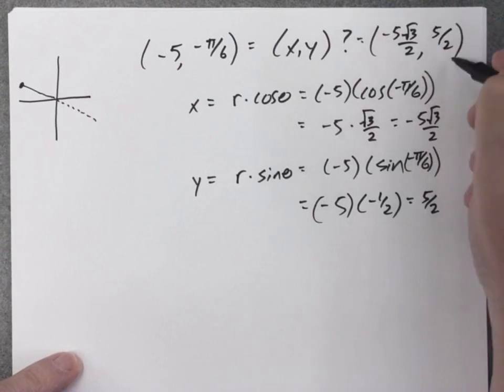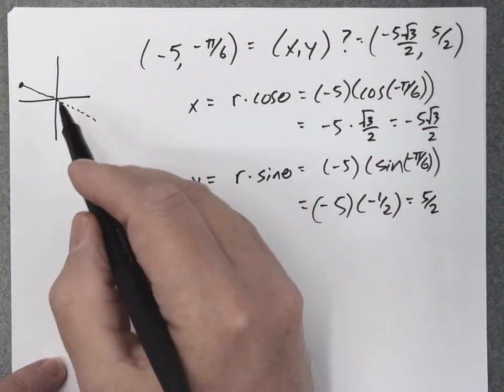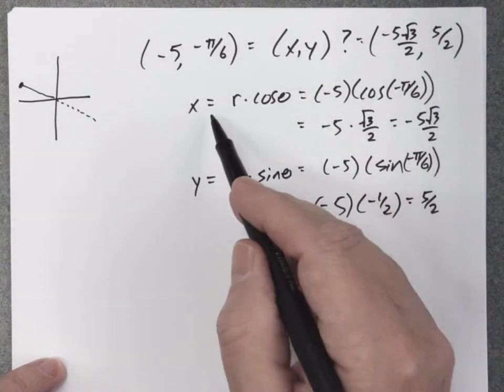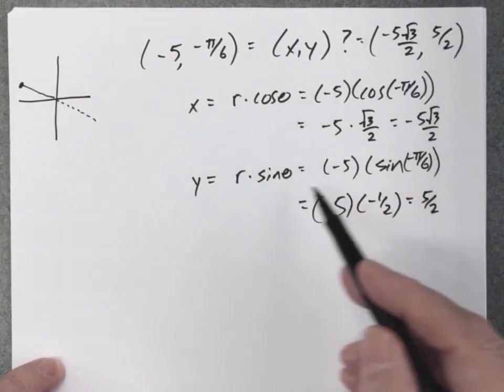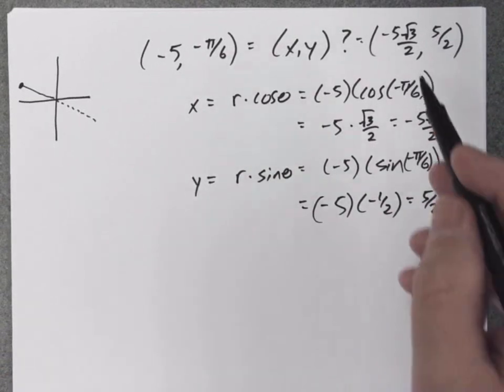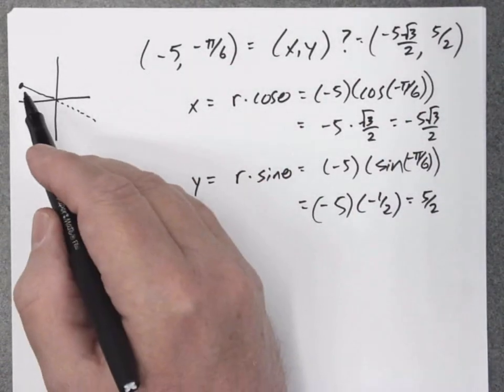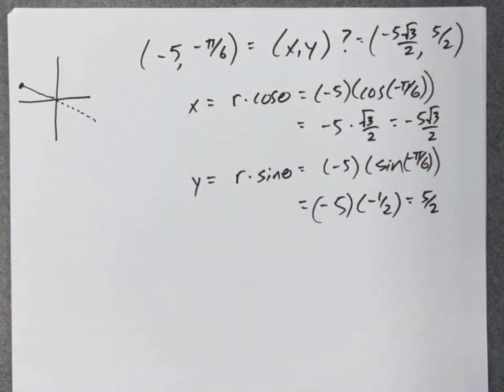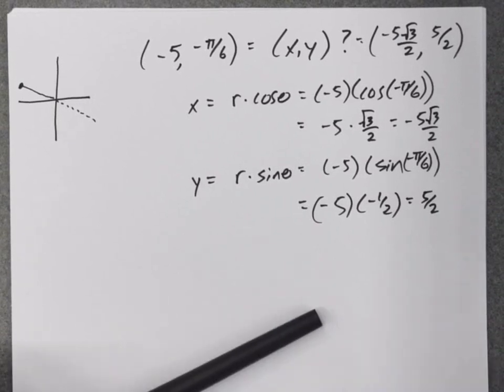Now the nice thing about this is like a sanity check. This makes sure I didn't make any math errors, because the pluses and minuses, everything works out. If you just do the math, you're going to get the correct answers. And then this graph just makes sure, yes, x should be negative and y should be positive. All right, so that's how you go back and forth between polar and rectangular coordinates.